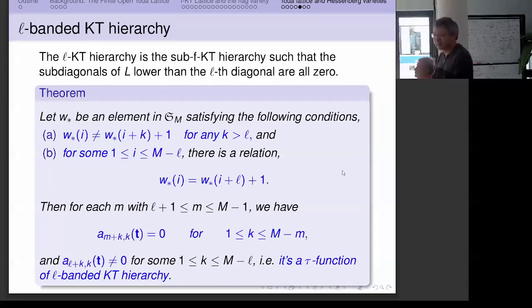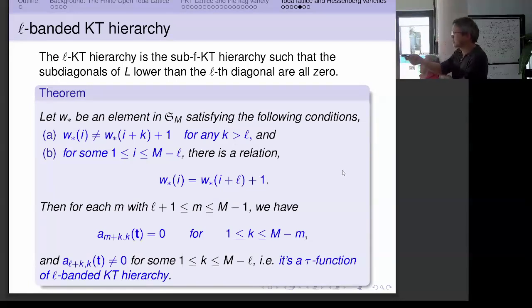So let's generalize the results of Ercolani, Flaschka, and Singer. I want to know how to characterize this kind of Toda lattice that has L bands. That means it's not tri-diagonal, it's L-diagonal. So how do I characterize those that have L diagonals?